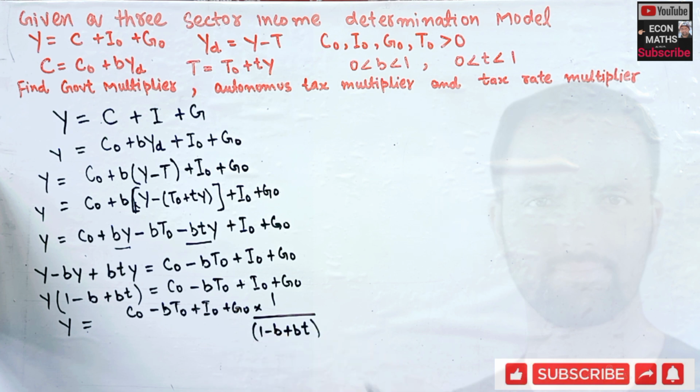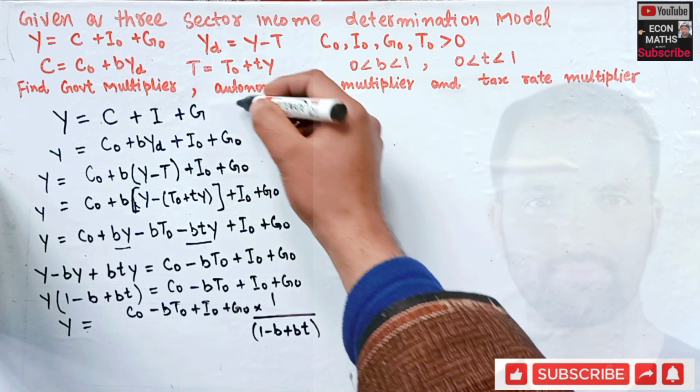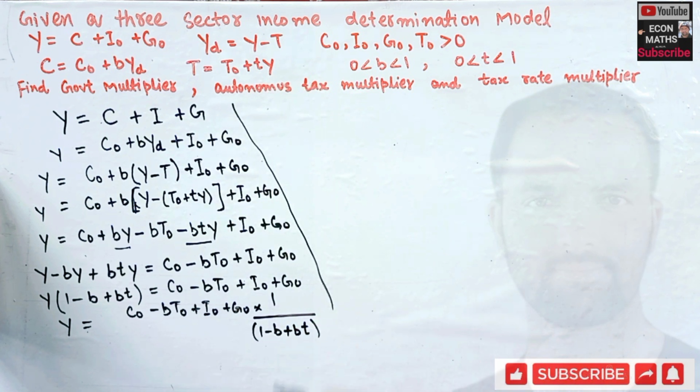Okay, so we got the equilibrium level of income as a function of other variables.